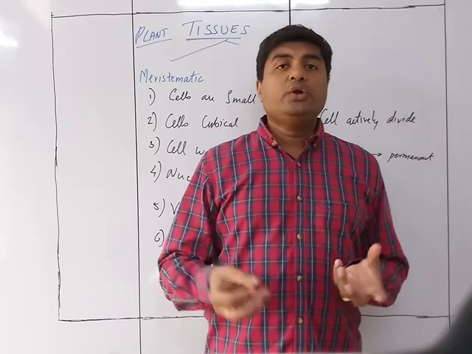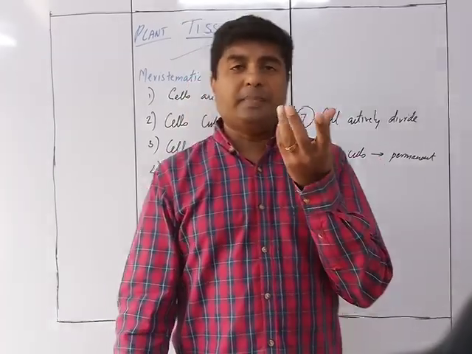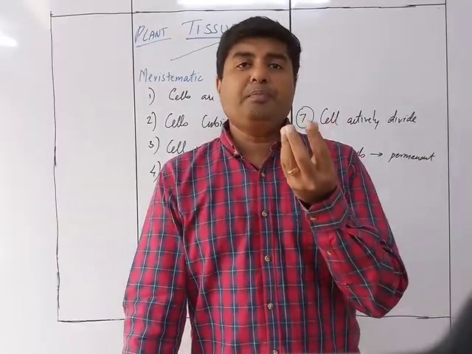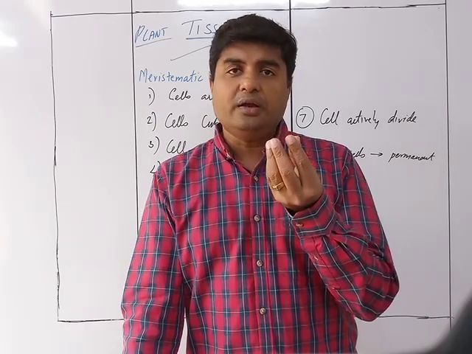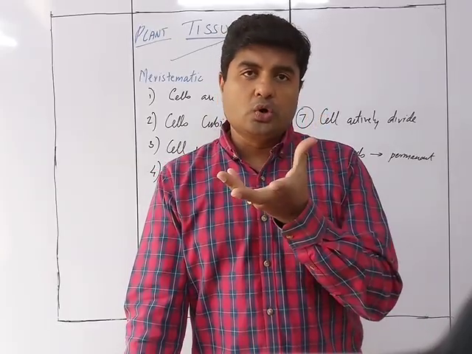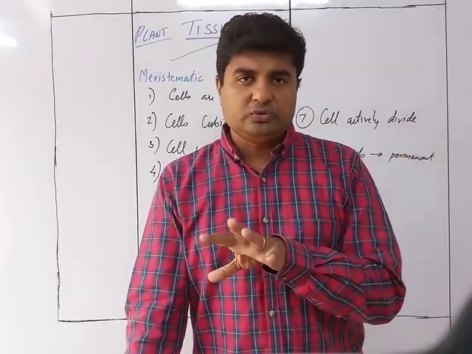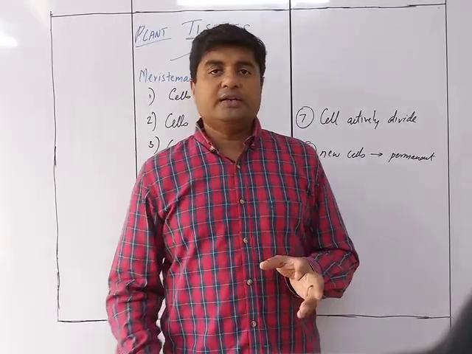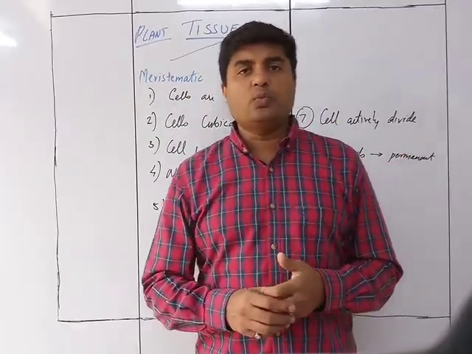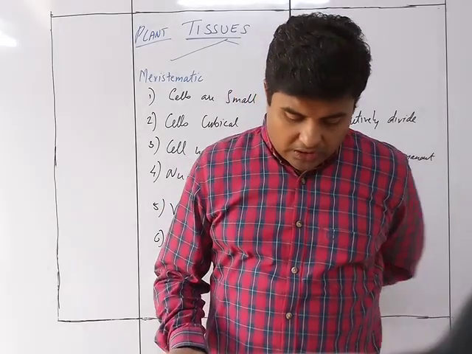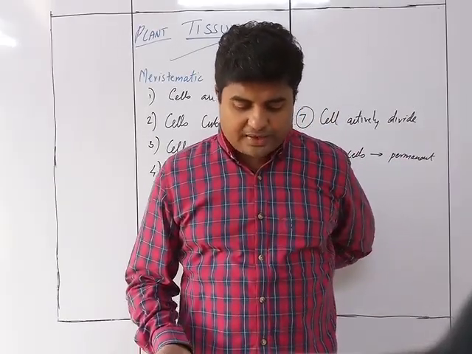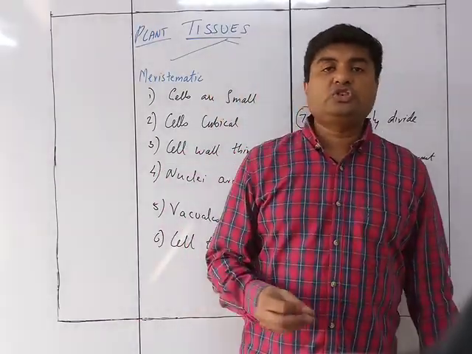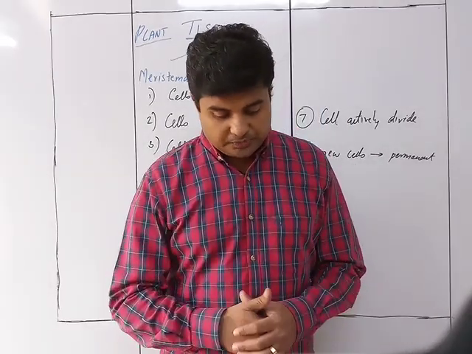Accordingly, meristematic tissues can be said to be like the child which is just going to grow and form into permanent tissues. So that's why the cells thus produced by meristematic tissues are transformed into mature permanent tissues.